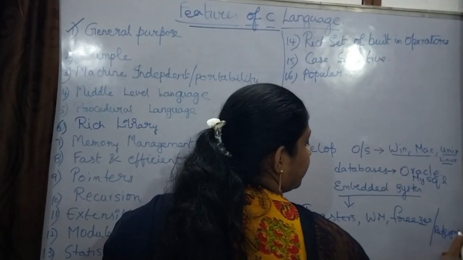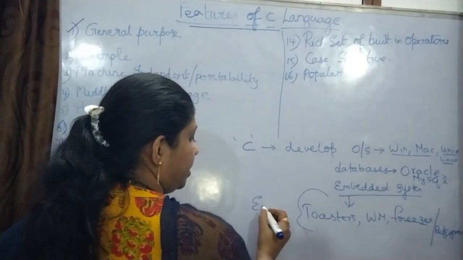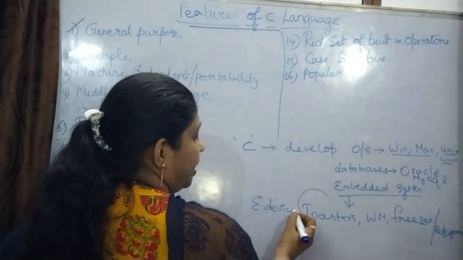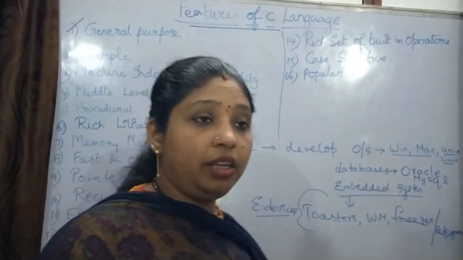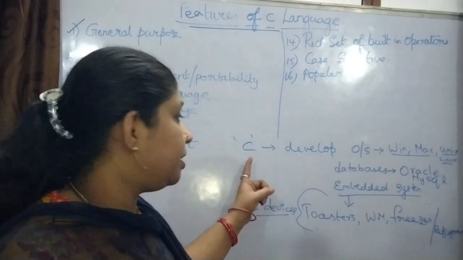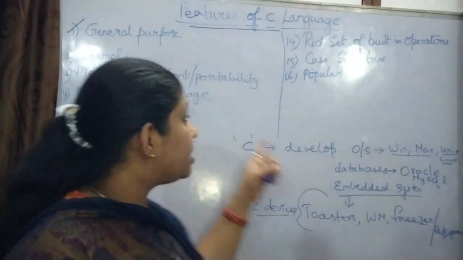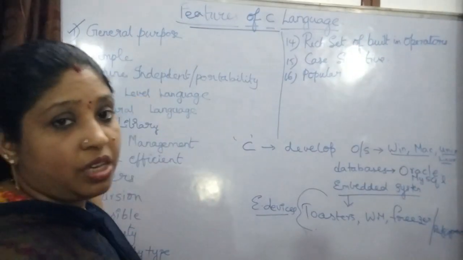All these electronic devices in which the software is embedded, those software are created by C language. That's why C language is called a general purpose language.